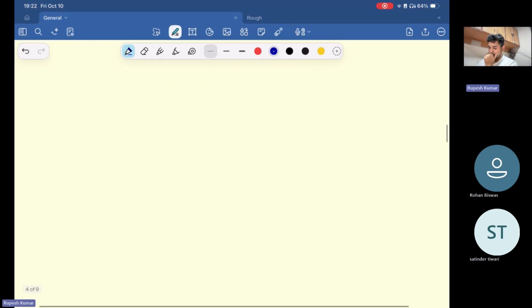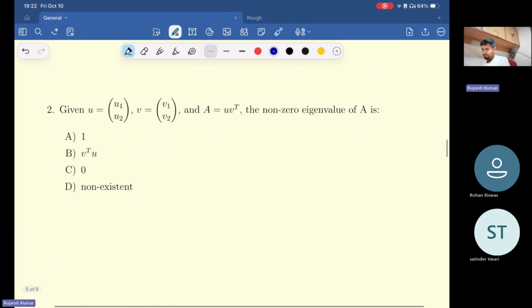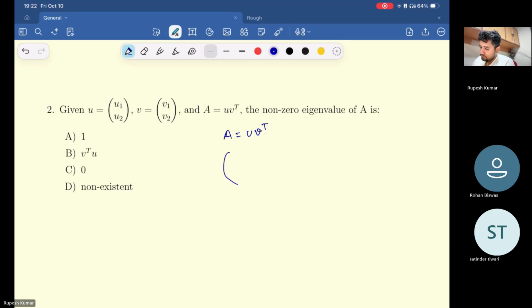Right. Next question. Given vectors u1, u2, v1, v2 and A is a matrix that is essentially equal to u v transpose, then the non-zero eigenvalue of A is, right?